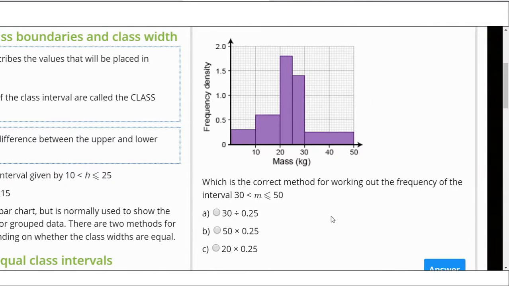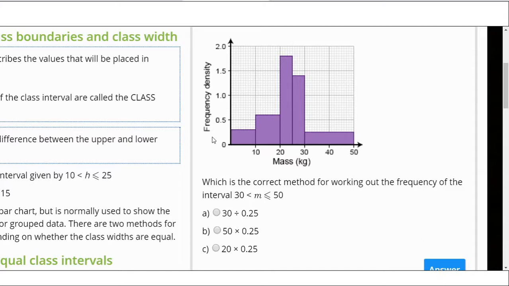All right, next questions. Which is the correct method for working out the frequency of the interval 30 until 50? No need to calculate. So 30 until 50, the frequency. Okay, you already find the frequency density, right? Remember, frequency density is frequency divided by the width.